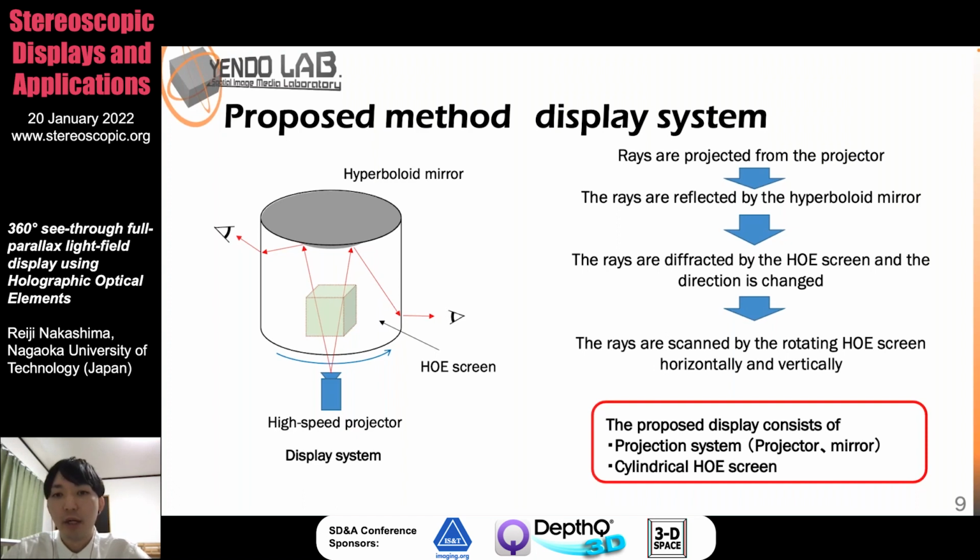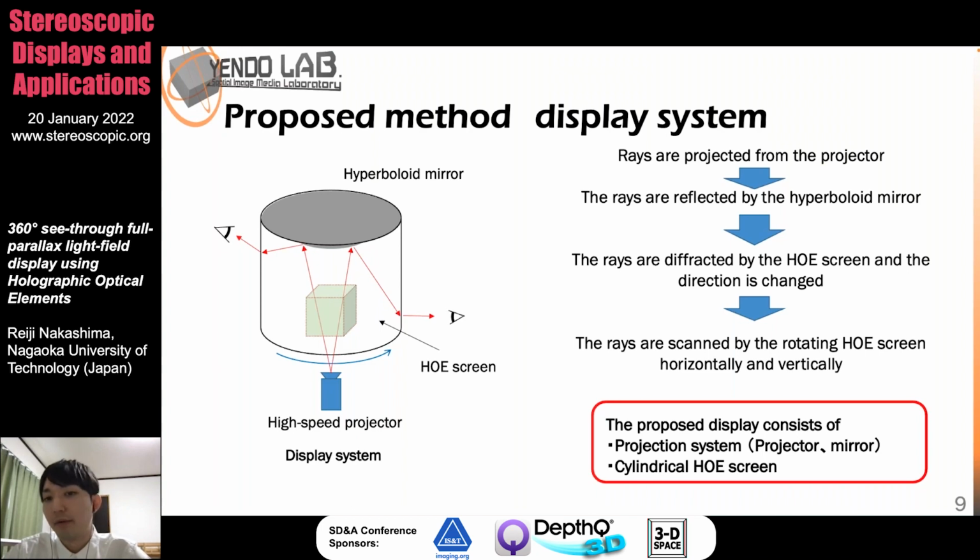As the HOE screen rotates, the rays are scanned horizontally and vertically. Also, since the projection image is refreshed accordingly, full parallax light field is realized, and the observer can see the 3D image.